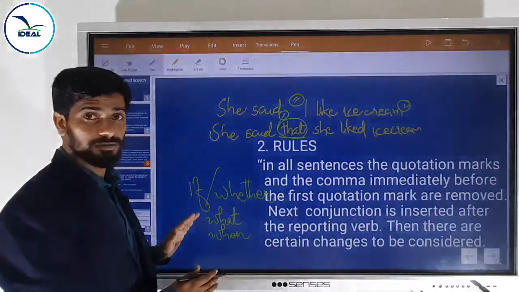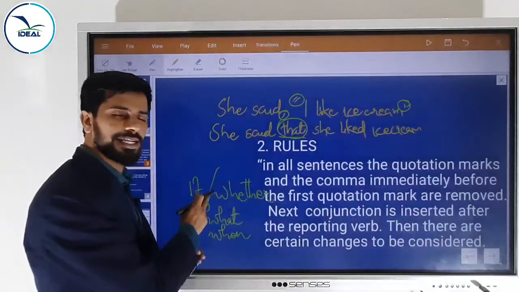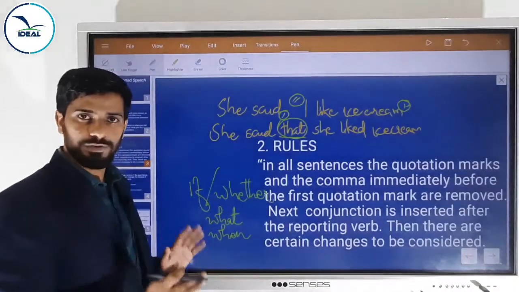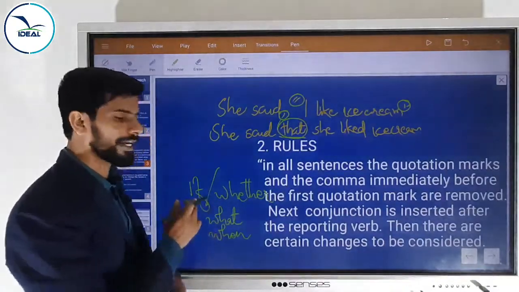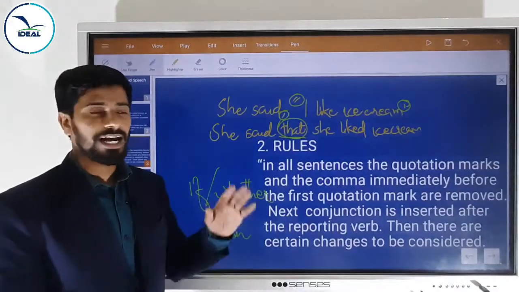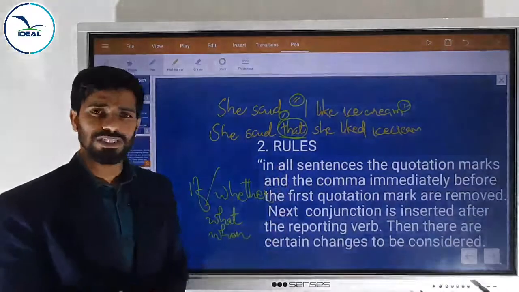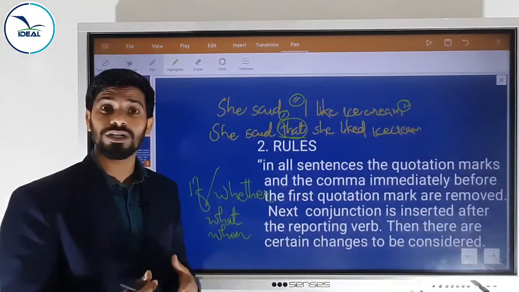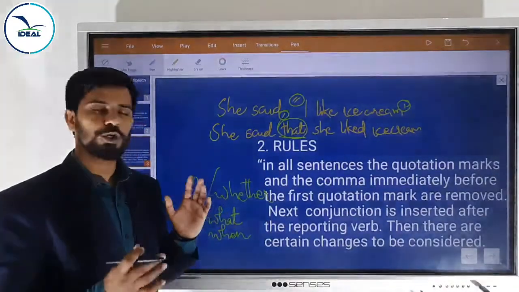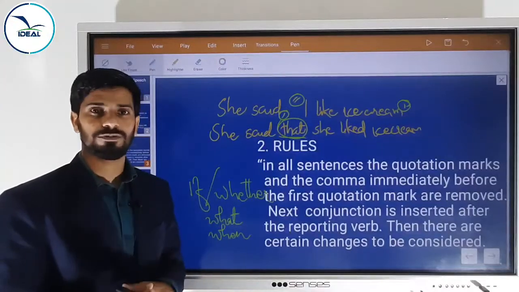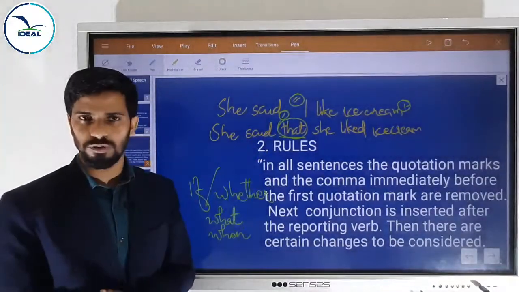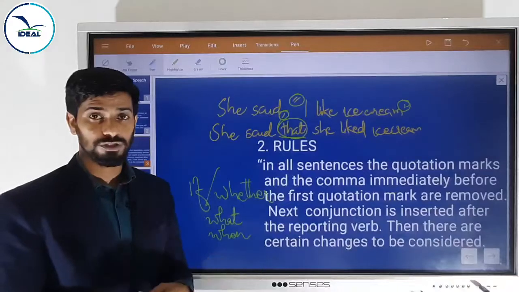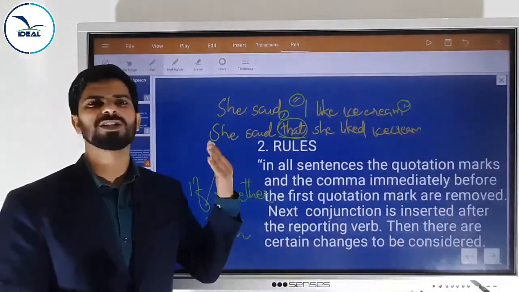If it is a yes or no question, you add if or whether. And if it is a WH question, you add the question word itself. Right. And if it is an imperative sentence, something like a request, an order, or a suggestion, you can add to as the conjunction. For example, if you say, open the door, teacher said to the student, open the door.